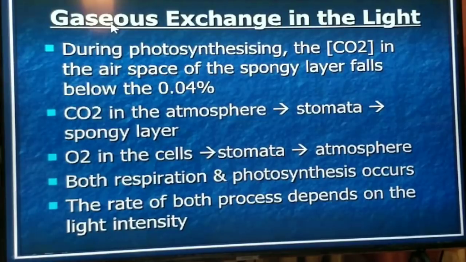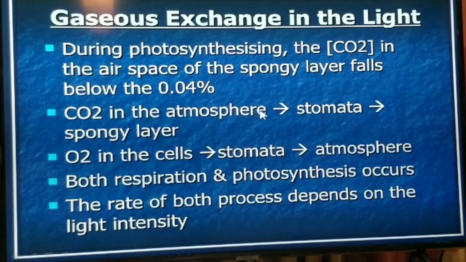Now we'll study how gaseous exchange takes place in the light. During photosynthesis, the carbon dioxide in the air spaces of the spongy layer falls below 0.04%, the carbon dioxide level in the atmosphere.